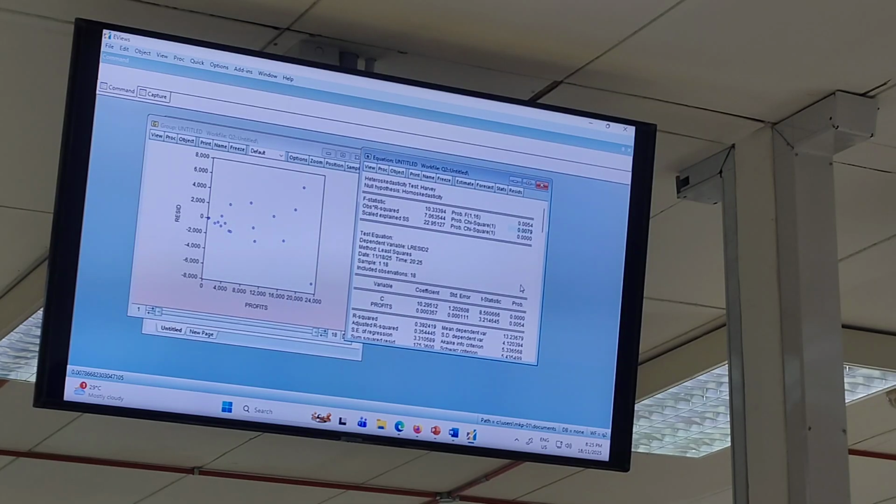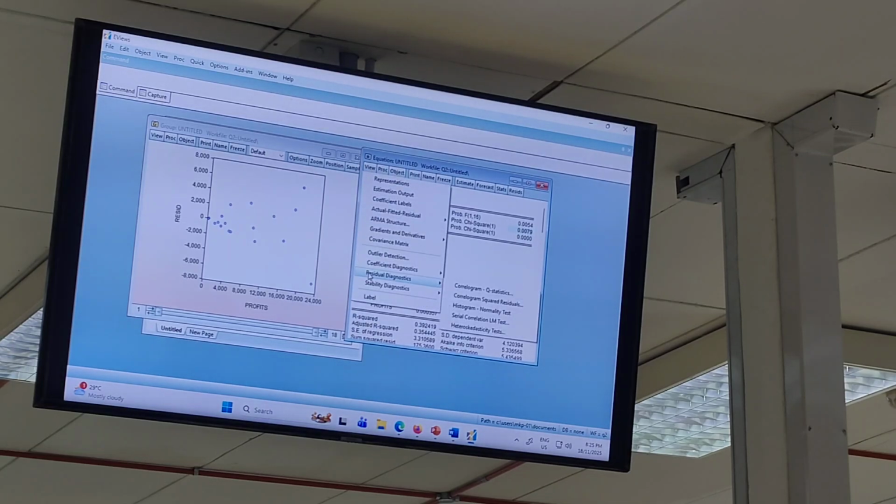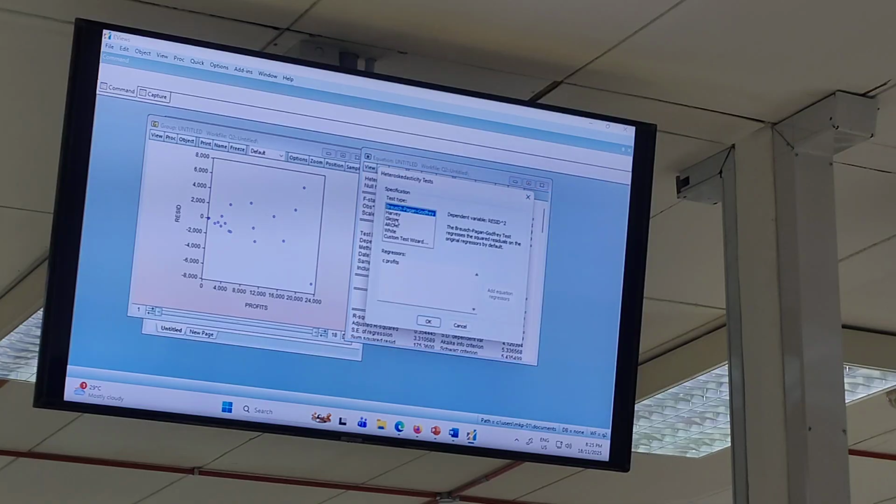Previously, for the earlier example, it passed the Harvey test, meaning there was no heteroscedasticity, but this one has. All the three tests show heteroscedasticity. And the other one is ARCH. View, ARCH test.